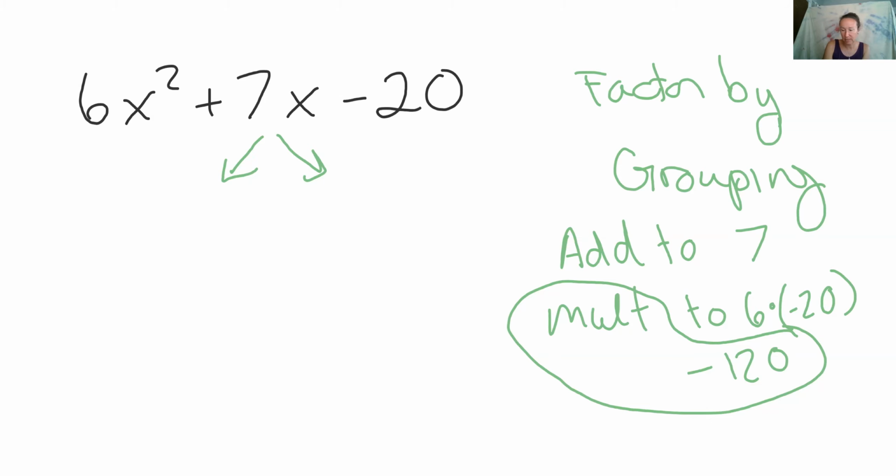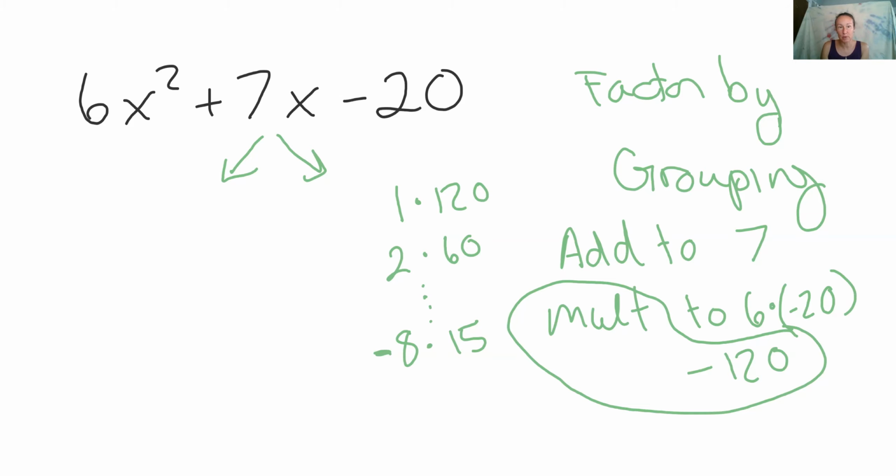If you want, you can start by listing: we've got 1 times 120. We've got 2 times 60. And you would keep going until you realize that 8 times 15 multiplies to 120. But I look at 8 times 15 and I realize those only differ by 7. So if I make that a -8, -8 times positive 15 multiplies to 120, adds up to 7. So those are my numbers there.